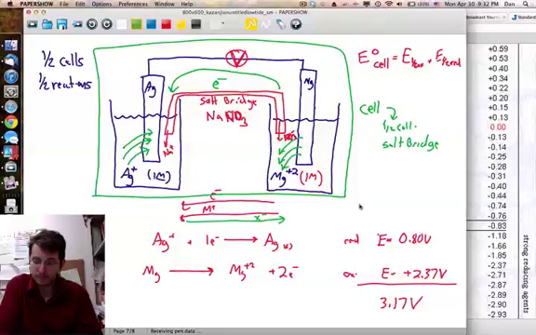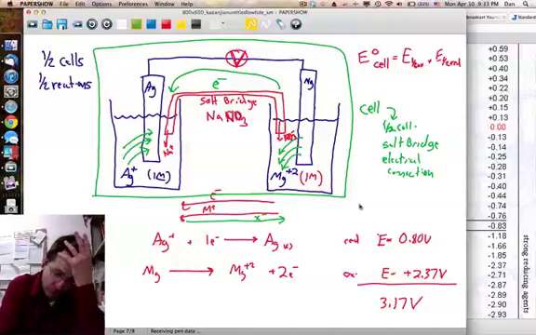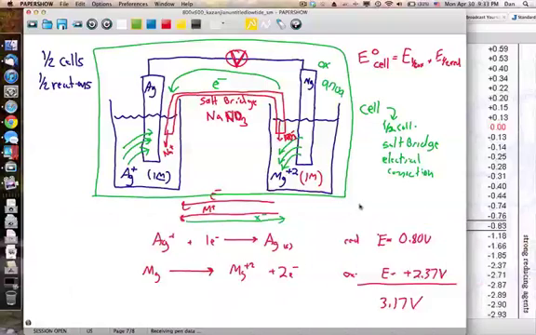Additionally, there is some sort of electrical connection between the two. The location where oxidation is taking place, this is our oxidation, is called the anode. The place where reduction is taking place is called the cathode.